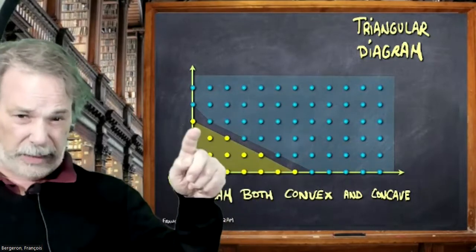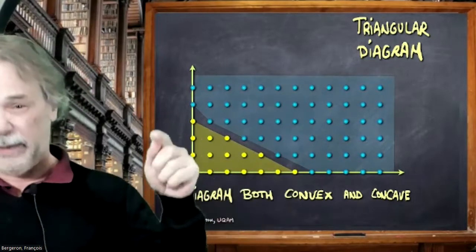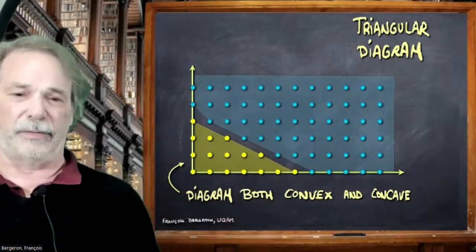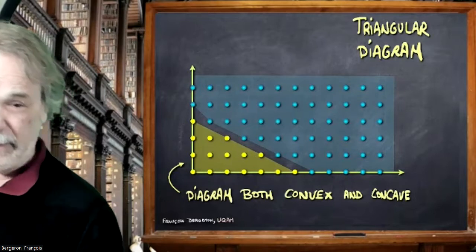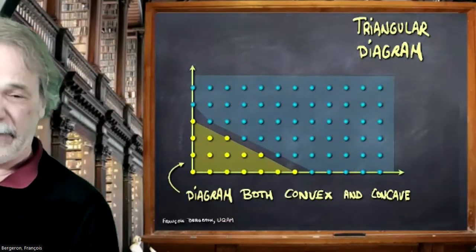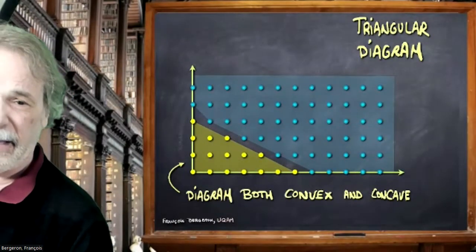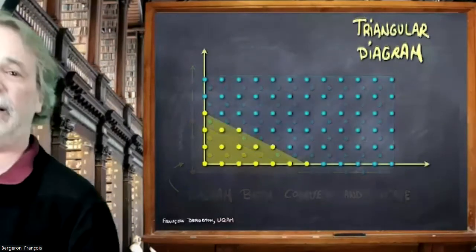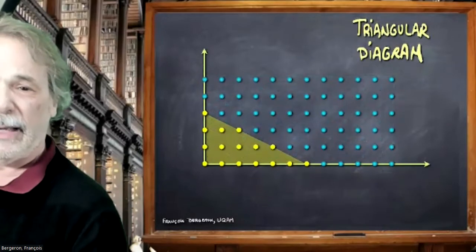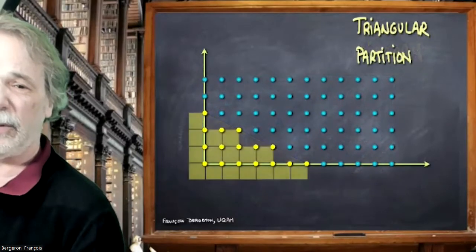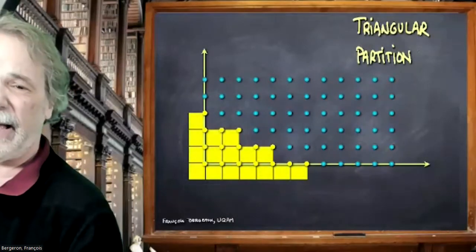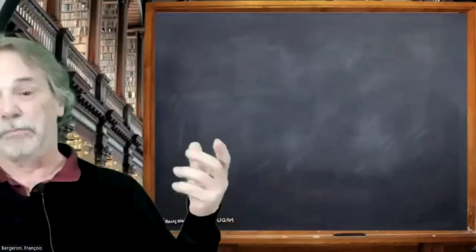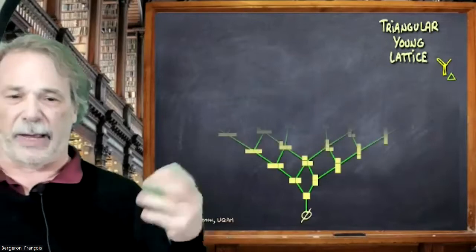So the yellow points are the only integral points inside the convex hull of the yellow points. So I'm going to say that the yellow part is a triangle. And as usual, we look at the diagram as a set of boxes. So I've defined to you what is a triangular partition.